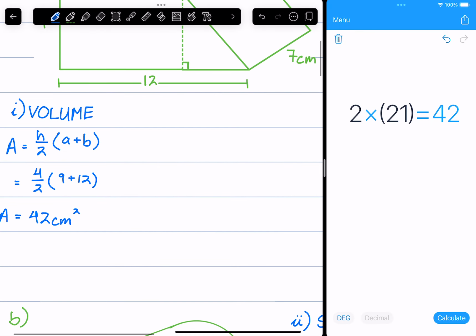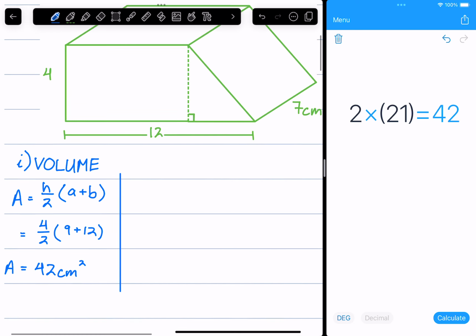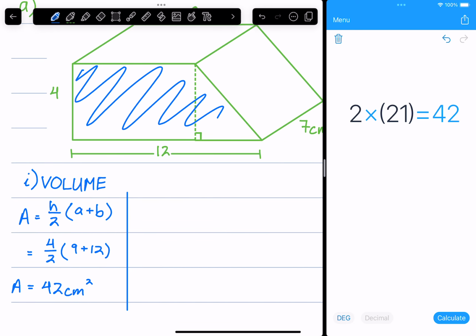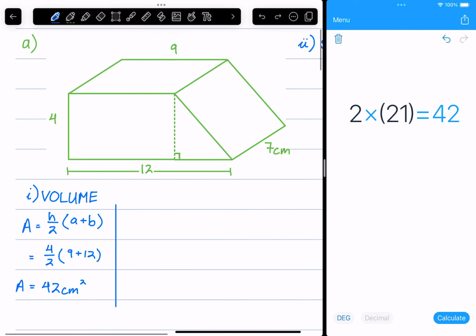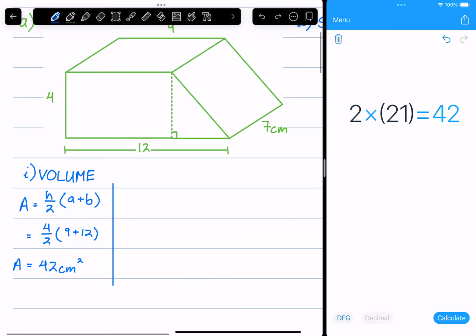Now, to calculate the volume of this, so that's just the area of the front face, so that's just this face here. And like we said, to calculate volume, we find the area of one face, then we multiply it by the depth of the solid, of the face, sorry.